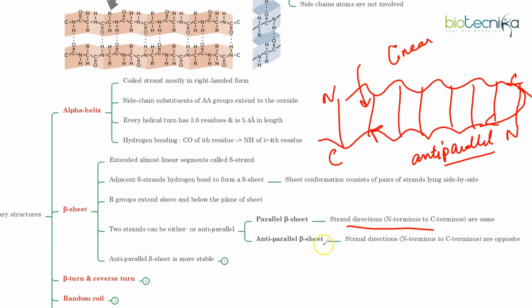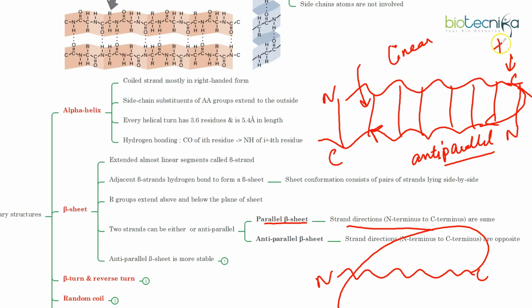Another possibility is a parallel beta sheet. For that, if one strand goes N to C terminal, then that strand takes a 360-degree turn. Here it was taking a 180-degree turn. This was called a turn, and since it is present between two beta strands, it's called a beta turn. But this will take a 360-degree turn, and again go in the same direction.